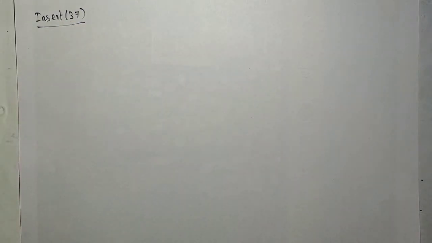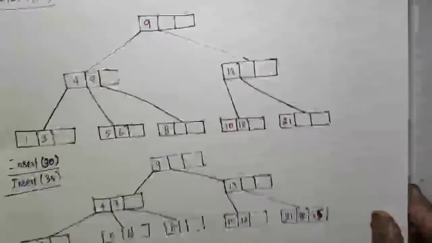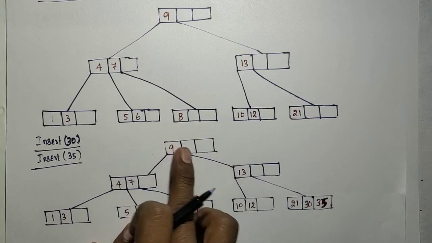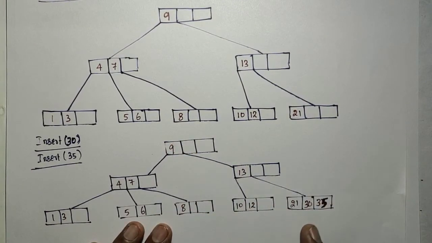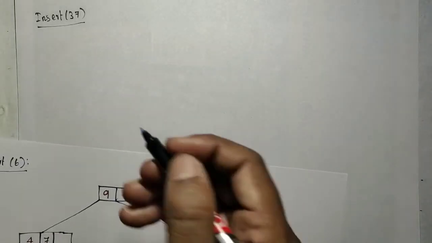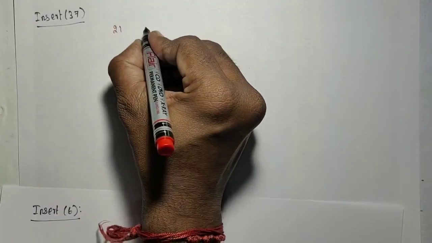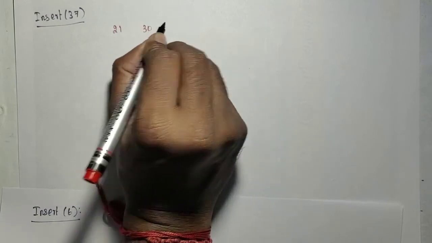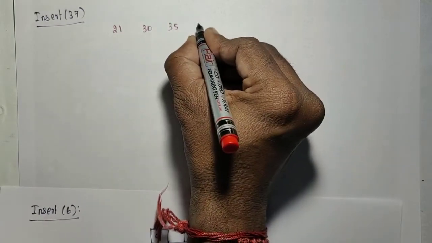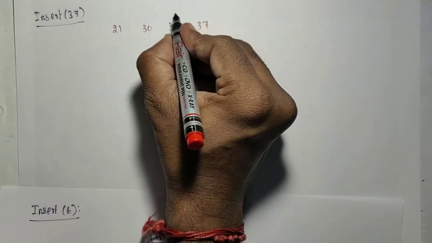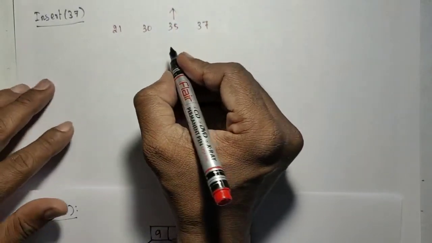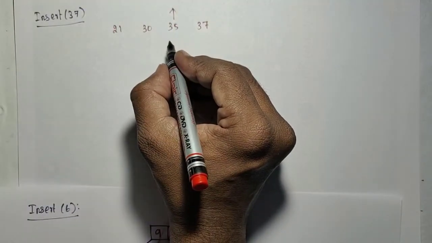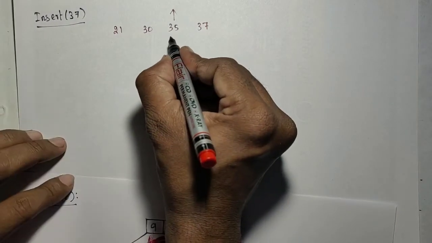So next I want to insert the 37. See here, the space for the 37 is in this node. I need to insert in this node, but here there is no space, so this needs to be written like 21, 30, 35 and 37, and the 35 should go up, with the left of the 35 and the right of the 35.